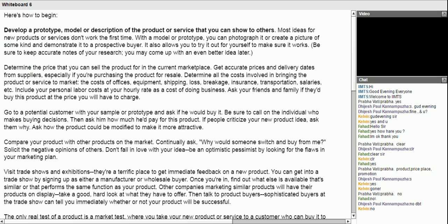Right. Next thing is the pricing. Pricing is also an area of concern. What price to keep, which is competitive in the market as compared to your competitors.